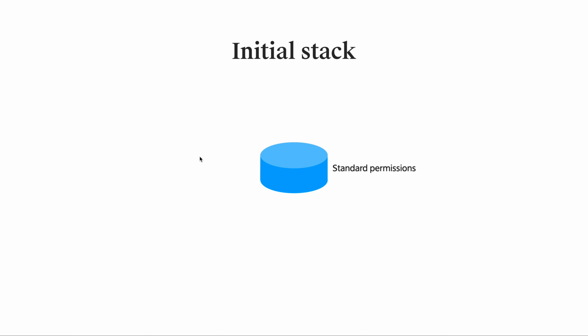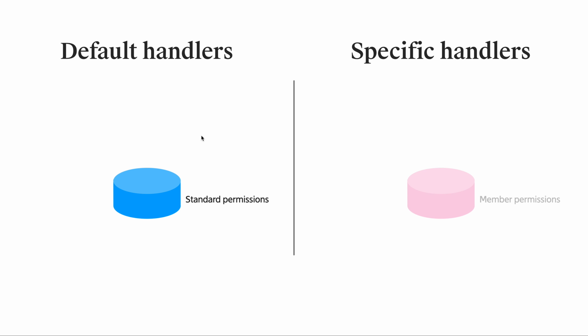So let's go back to this initial stack, and let's go back to the scenario where we have a permission handler. By default, you have a base permission handler that defines all of the standard permissions that any entity type should use if you were using core, or in the group module, any plugin should define. And I've split that up into two separate stacks. You have your default handlers and you have your specific handlers.